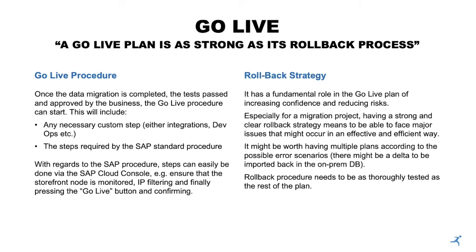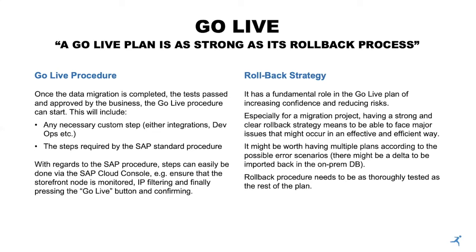A strong suggestion here, again taken from our experience, is to prepare multiple versions of the rollback strategy. In our case, 2 versions were enough. One was covering the case in which the go live was getting aborted, and the second one in case a rollback was needed after having gone live on the cloud environment.